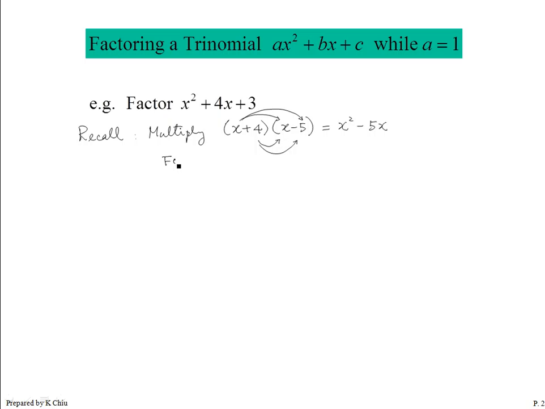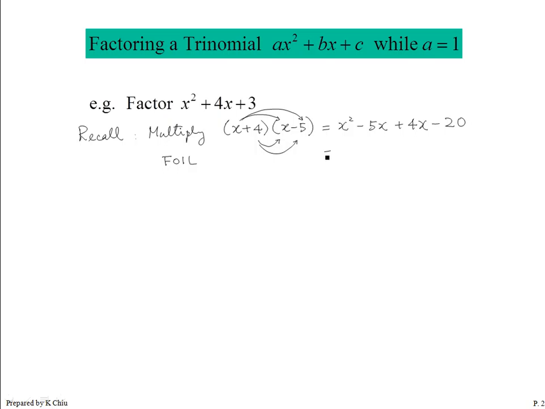Sometimes we remember this using the word FOIL. So the third step, what would that be? Plus 4x. And then the last one, 4 times negative 5, so we have minus 20. This is how we distribute when we multiply two binomials together.